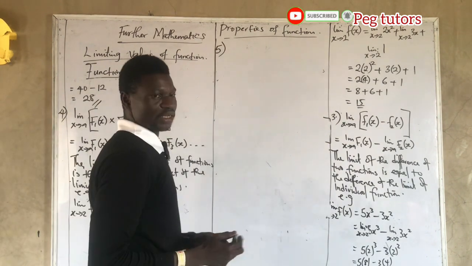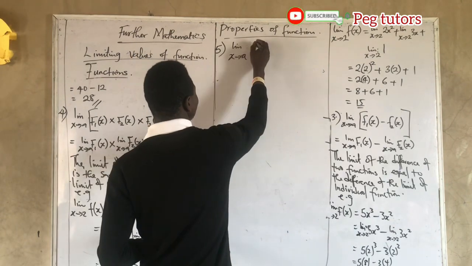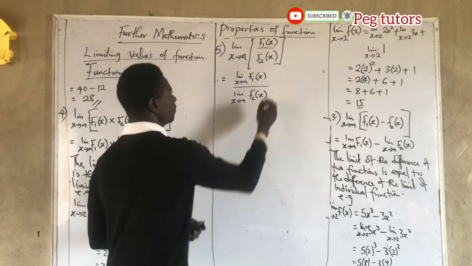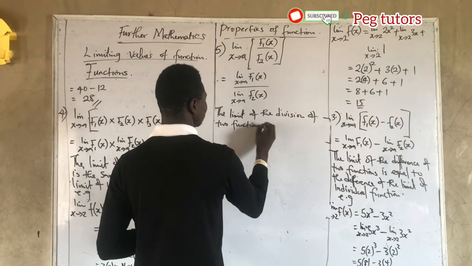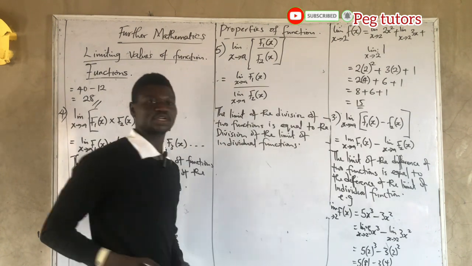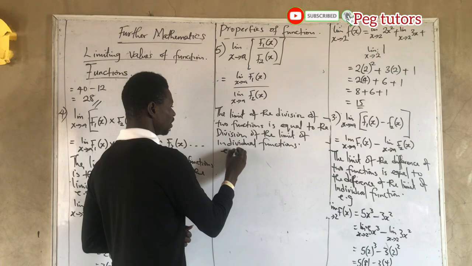5. Now the fifth one is quite obvious, okay, so that is that. So let's say, for example, are we there?